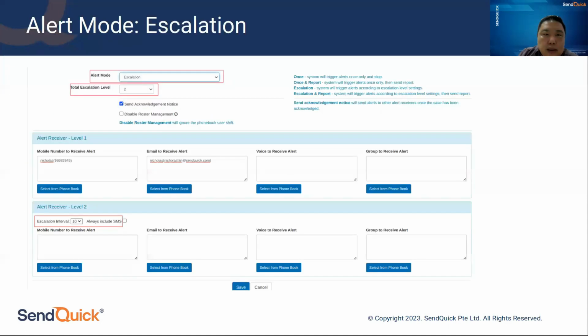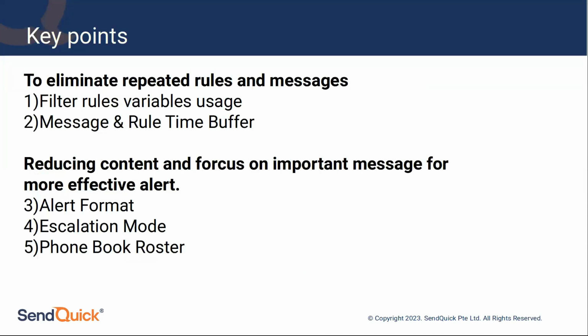That's the end of my presentation. We'll go through the key points that we have highlighted. To eliminate repeated rules and messages, you can use the filter rules and the message and rule time buffer.